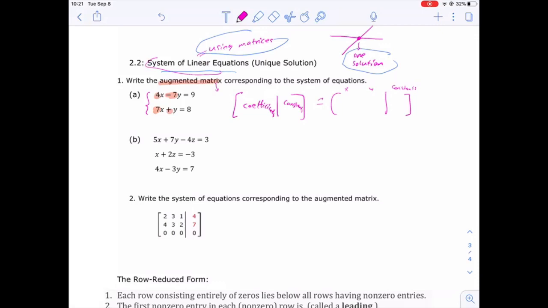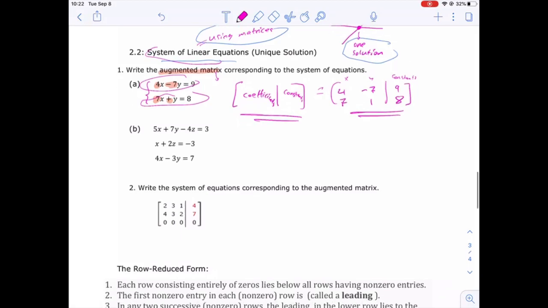The first equation has 4, -7, and the constant is 9. The second equation has 7 as the coefficient of x, 1 as the coefficient of y, and 8 is the constant. This resulting matrix that joins the constants with the coefficients is called an augmented matrix.